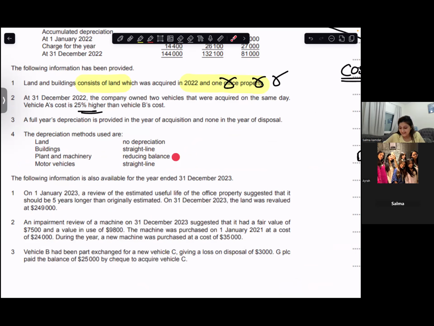The one that has reducing balance method of depreciation, how do you calculate depreciation? From the cost, you subtract the accumulated depreciation, and what you get is the net book value. Okay, fine.